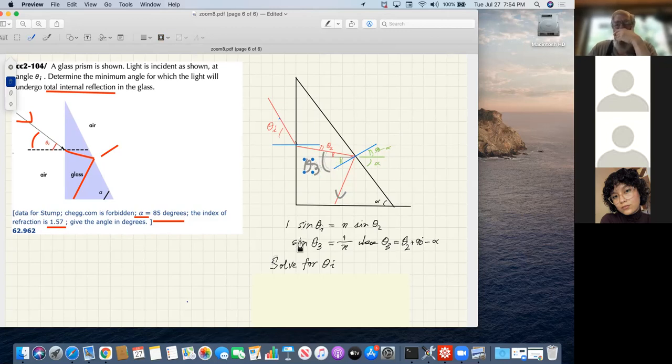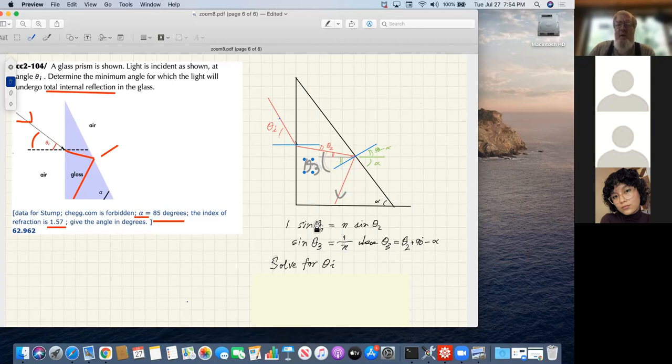All right, so sine of theta 3 will be 1 over n. That's the condition for total internal reflection. Remember, total internal reflection occurs when the angle is the arc sine of 1 over the index of refraction. It occurs when light comes from a more dense material going towards a less dense material, like glass into air.